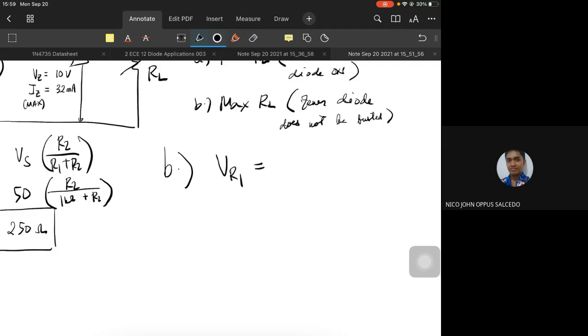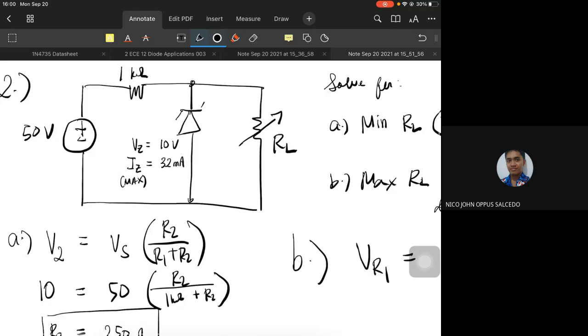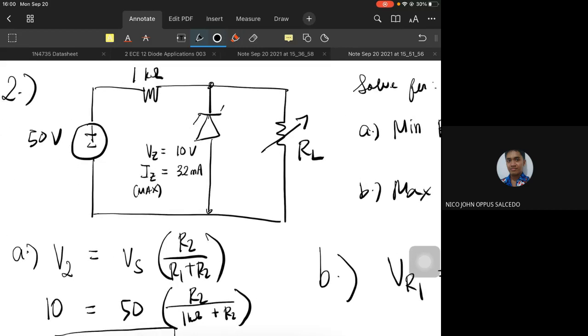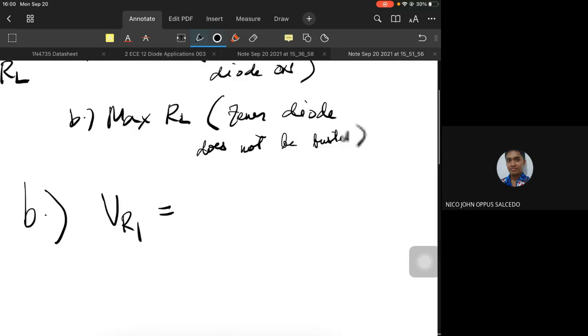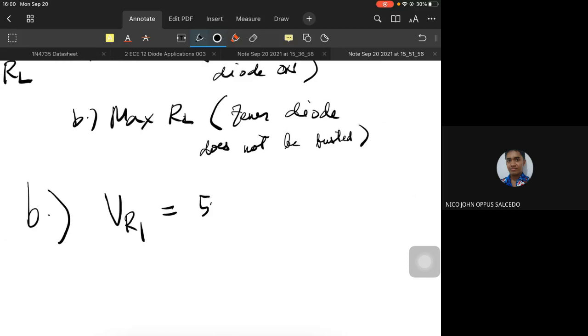Kung sa una, VR1. How much is VR1 then? Without solving, source is 50 volts, voltage across load is 10 volts. So VR1 is 40. So, 50 minus 10. Fixed na siya at 10 volts because of the characteristics of a voltage divider.